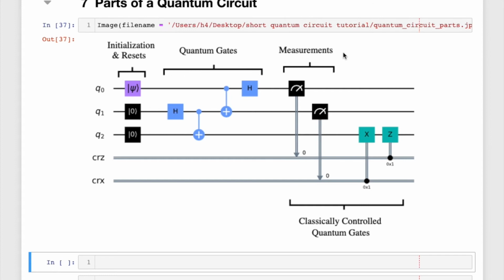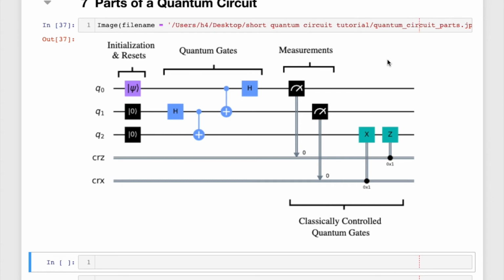When you measure, you're projecting on certain axes. As you see, I put here a projection on the axis Z, CRZ, and CRX. So you're projecting the information onto an axis, and after the measurement you can put classically controlled quantum gates.